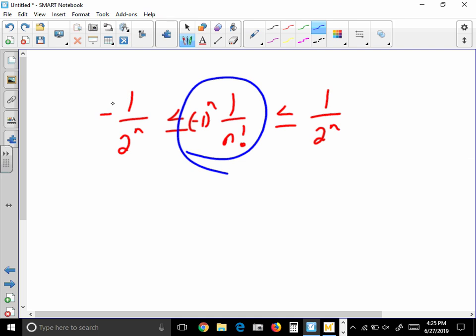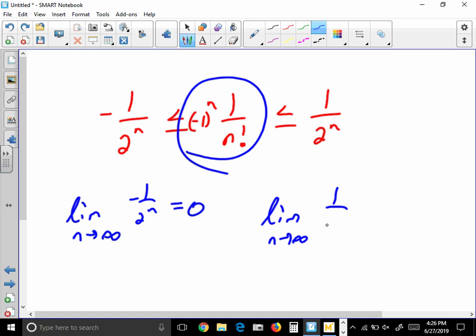Well, if we look at the one on the left, when n goes to infinity, what does the one on the left go to? If the denominator is going to infinity and the numerator is staying a constant, that approaches 0. Well, guess what? The other one, as n goes to infinity, also goes to 0.